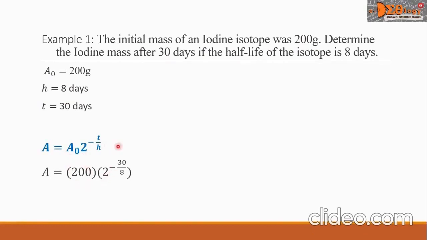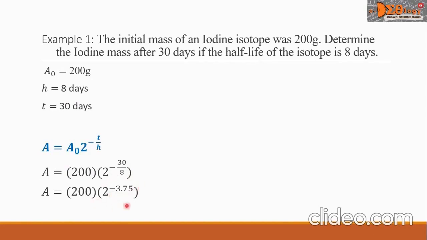The negative T, which is 30, divided by the H, which is 8. Let us simplify the fraction. We have this 30 divided by 8 is 3.75. So the exponent is negative 3.75.